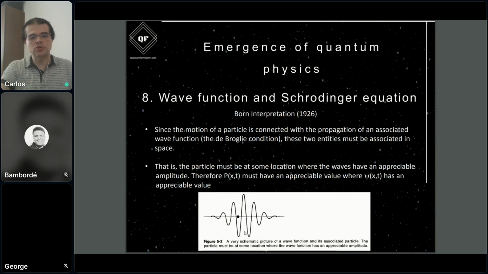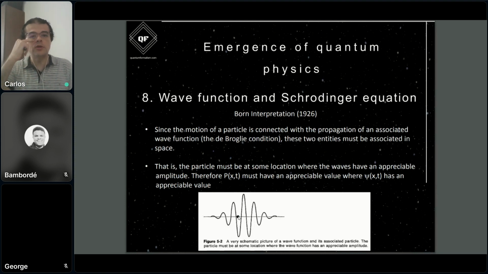So probably the electron is in a place where the amplitudes of these waves, the amplitudes of psi, are bigger. So the electron would probably be in a region like this, or this, or this. Low probability that it would be in this region because the amplitude is very low.